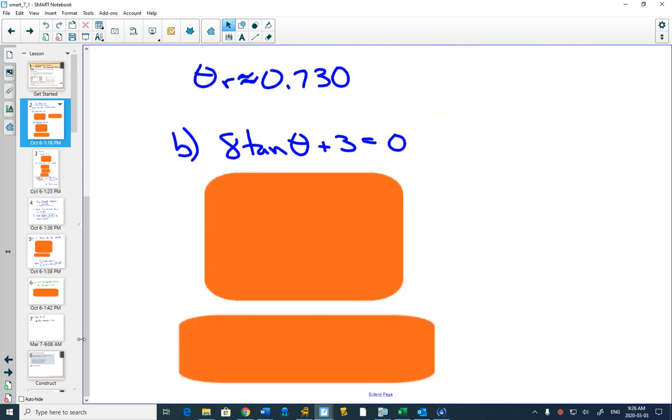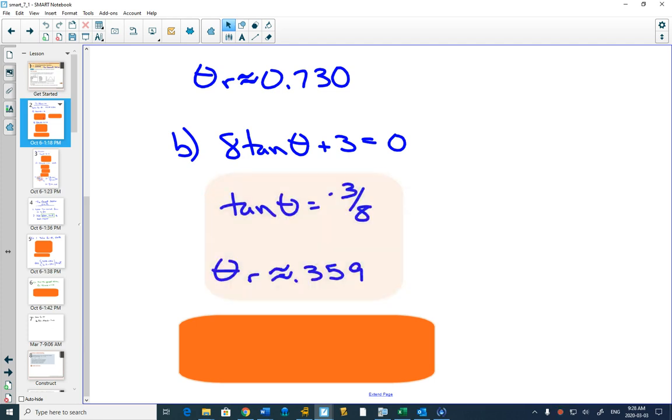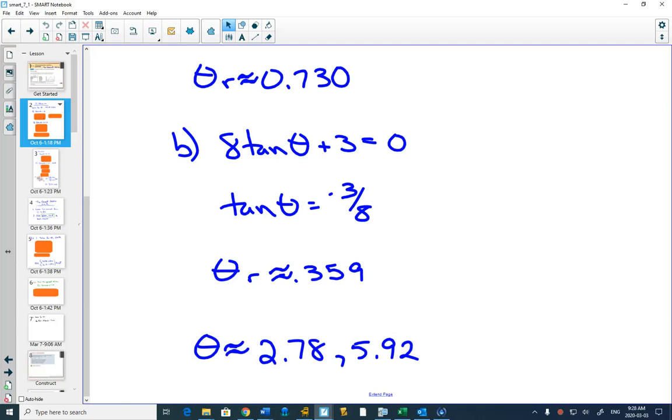All right, there's the second one. Check on this one. Your reference angle will be 0.359, and quadrants 2 and 4, because tan is negative.